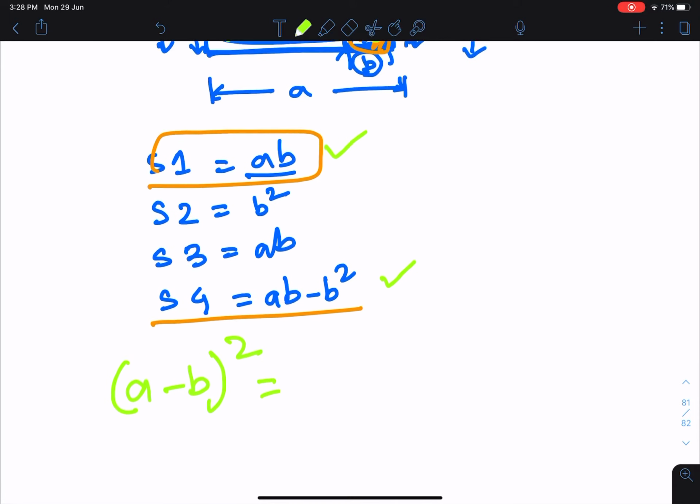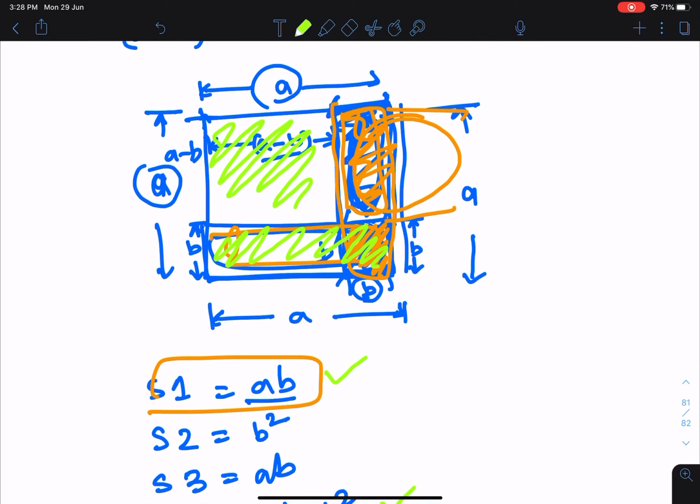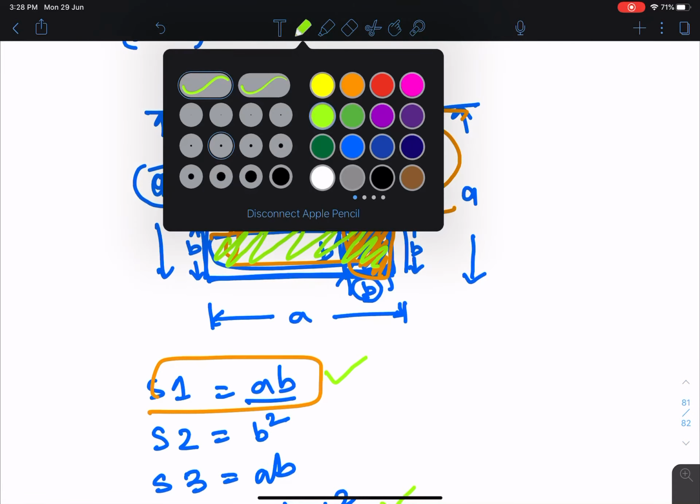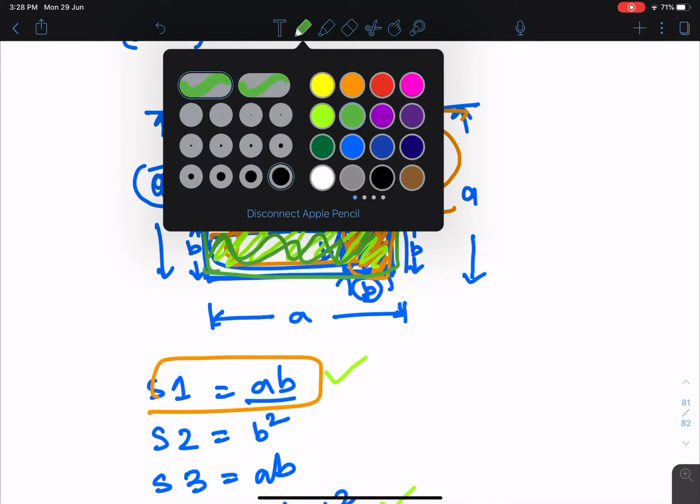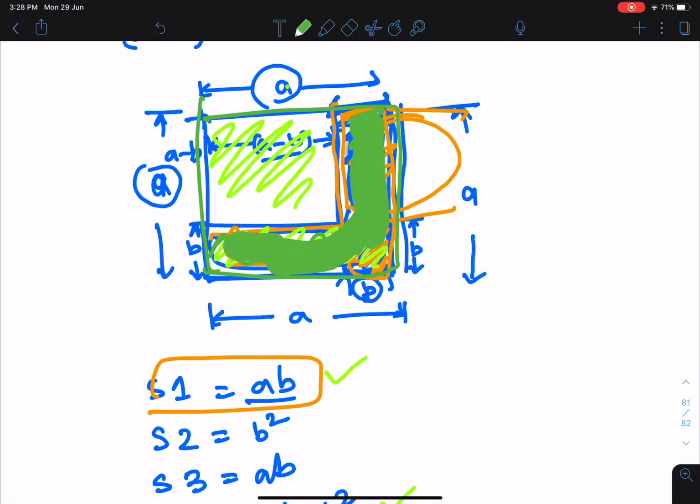Now that will also be equal to, if I find out the area of this total square and we somehow minus this section. Okay, let me just make it bright. So this section we are taking out from the total area, then we'll again get my this square, that means (a minus b) whole square.